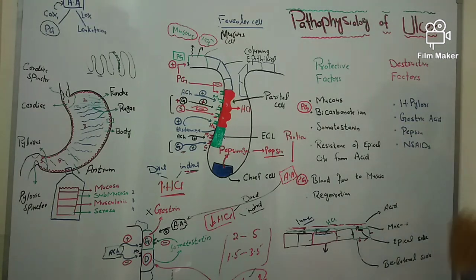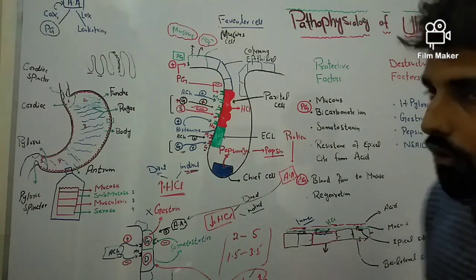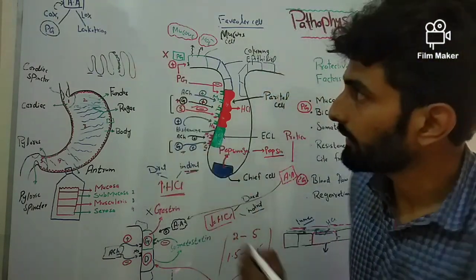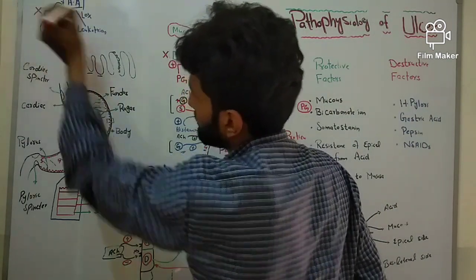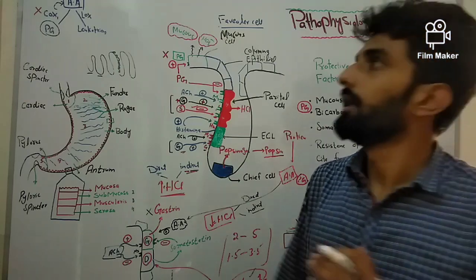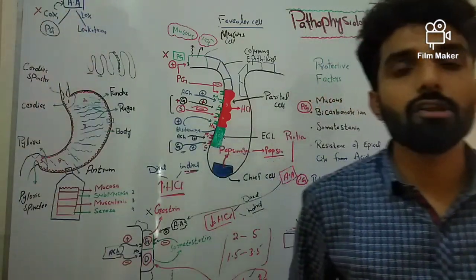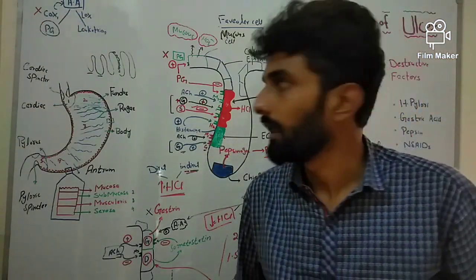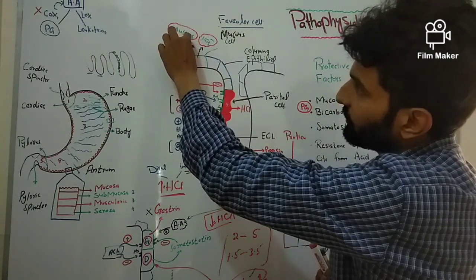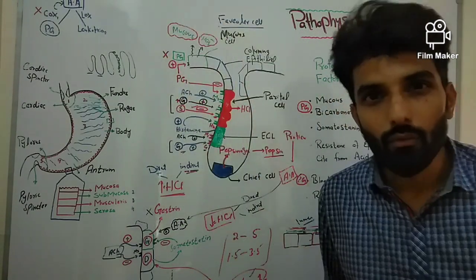And the last, NSAID. NSAID also comes into the category of destructive factor, because NSAIDs basically block prostaglandin. NSAIDs block the cyclooxygenase enzyme, and when this cyclooxygenase enzyme is inhibited, the conversion of arachidonic acid into prostaglandin will be inhibited. When there is no prostaglandin, obviously the secretion of mucus and bicarbonate ion will decrease.